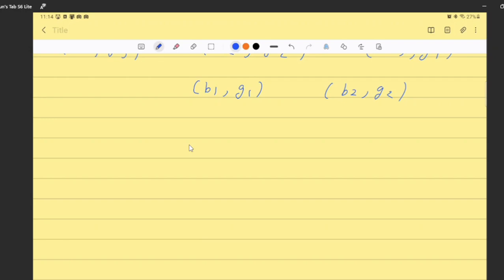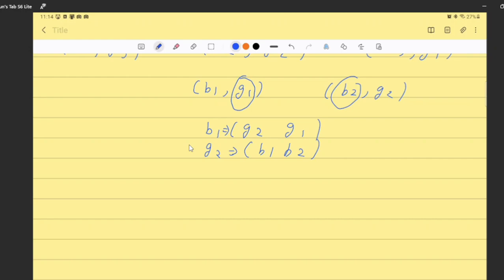Now, suppose B1 likes G2 over G1, but here he is matched with G1. Now suppose G2 also prefers B1 over B2, but here she is matched with B2. Now B1 likes G2 over G1 and G2 likes B1 over B2.